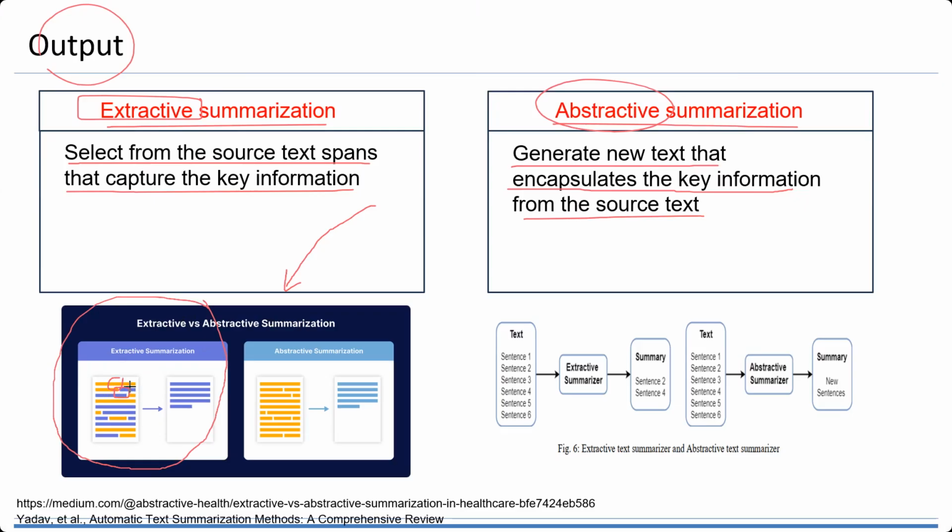If you want to summarize this document with extractive summarization, you will just select the key or relevant information, for example, the blue color. The blue color is the key, so we extract only the blue color. So the blue color will be here.